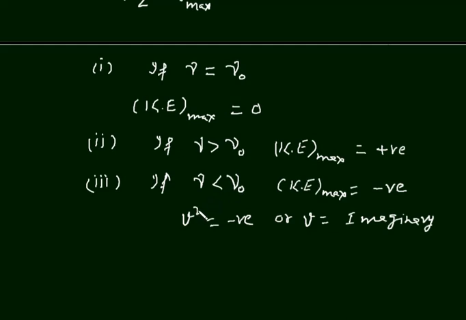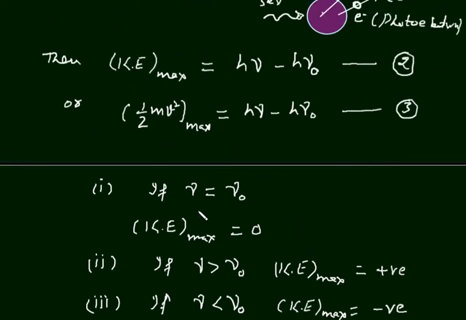Students, you can see from this equation easily that this maximum kinetic energy depends on the frequency of incident light. Since this work function is fixed for a metal, every metal has its fixed work function. So this is constant for a metal.